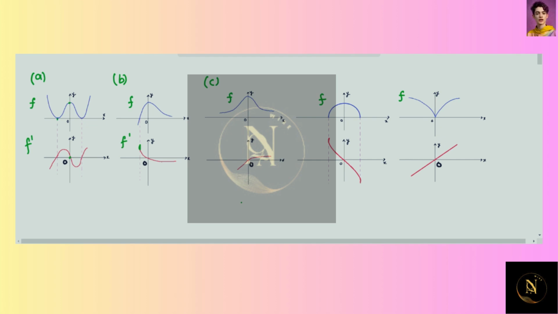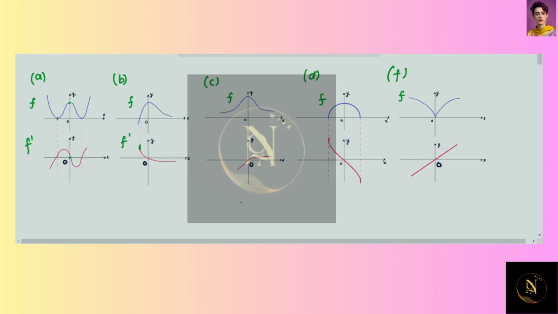Now here a semicircle is given to us as a function. It is increasing in this way. When we differentiate it, we are getting a constant value kind of here.